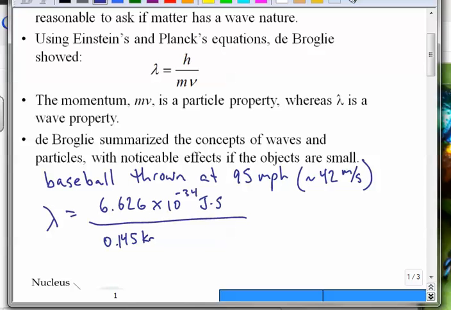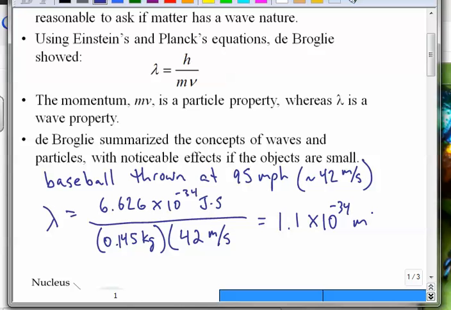And then our velocity is 42 meters per second. So when we do this calculation for a baseball, we find that the wavelength, lambda, in meters comes out to something like 1.1 times 10 to the minus 34 meters.